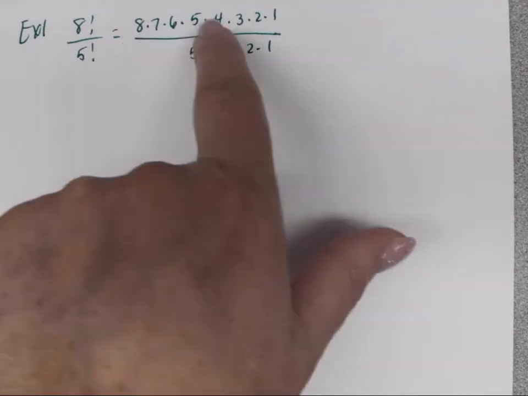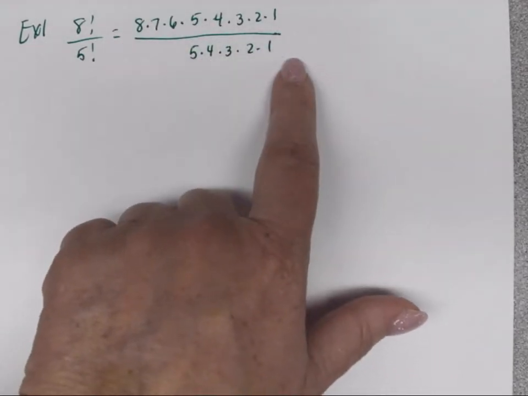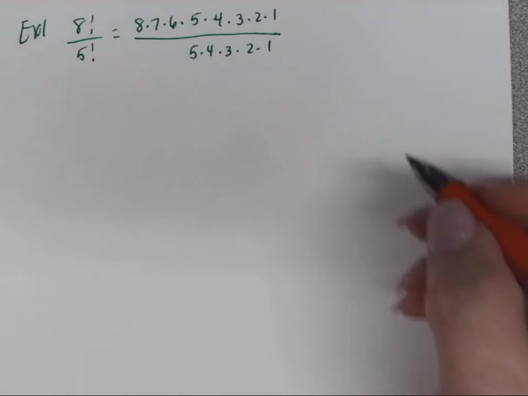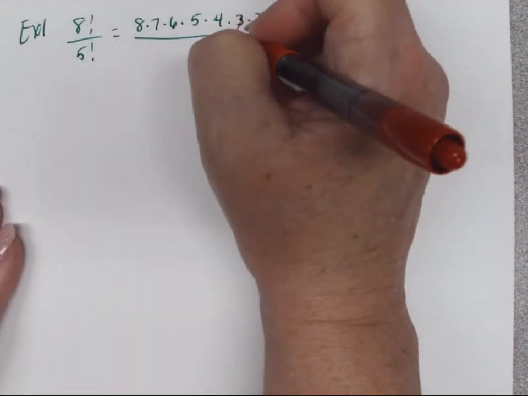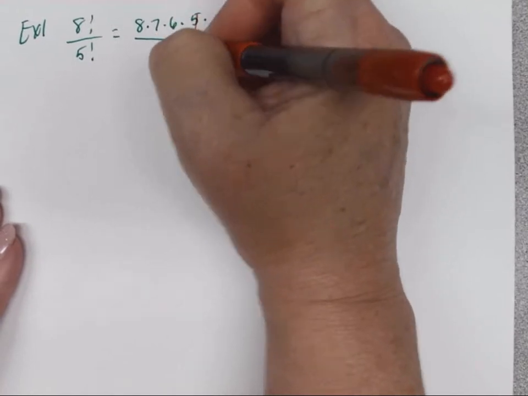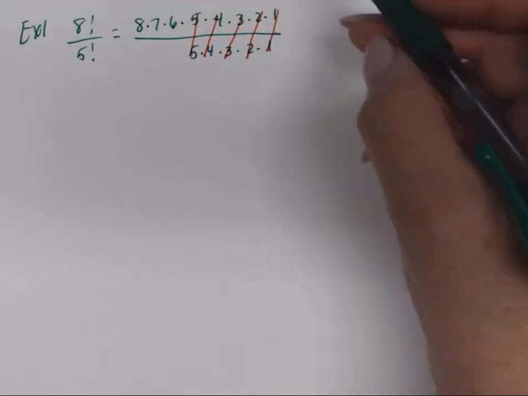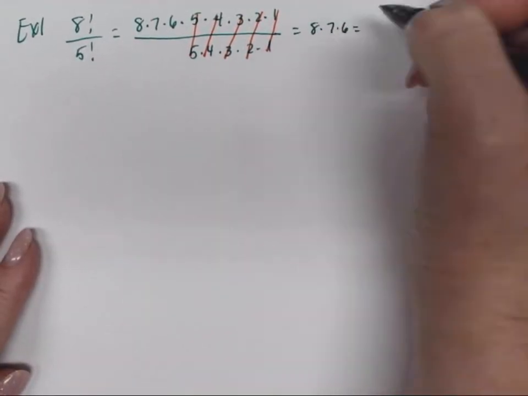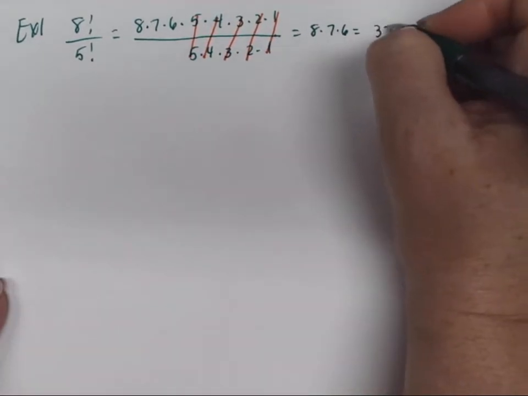Because this is all multiplication, and this down here is also all multiplication, we can divide out the common factors. The 1s cancel each other, the 2, the 3, the 4, and the 5. Those all cancel out. So what we're left with is 8 times 7 times 6, which equals 336.